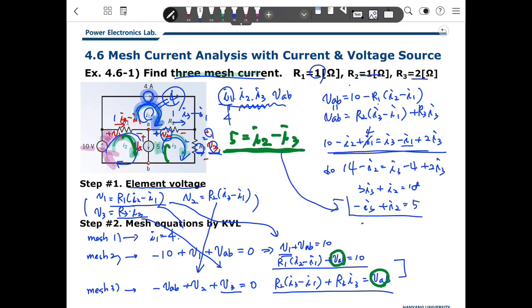So we subtract, and then 4 I3 will be here, so we get I3, and then I2. So based on that, we get I1 is 4, and we can get I2 and I3. That's how to solve the circuit using mesh current analysis when the circuit has both current and voltage sources.